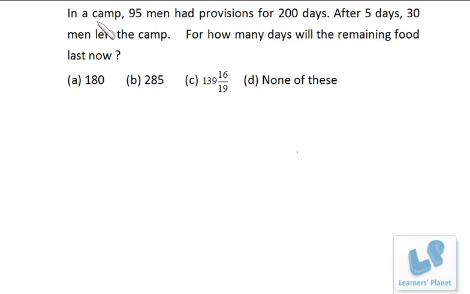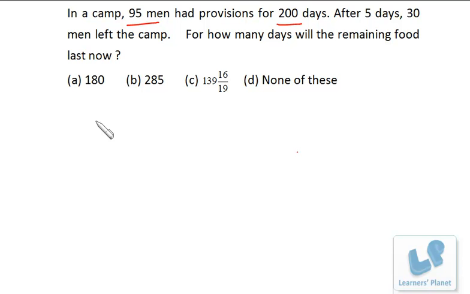Let's see this problem. In a camp, 95 men had provisions for 200 days. After 5 days, 30 men left the camp. For how many days will the remaining food last now? Now, friends, the food is available for 95 men for 200 days. That means the food is sufficient for 200 days.